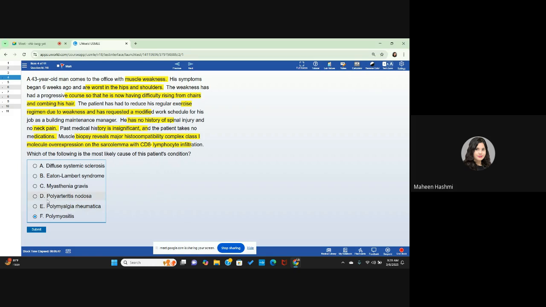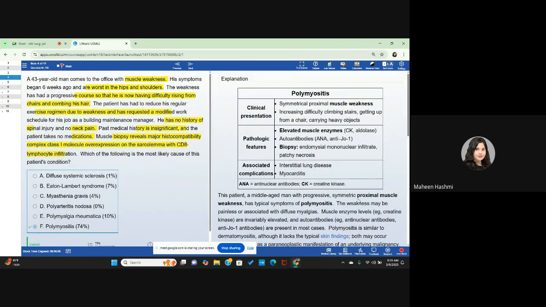What's the answer? Polymyositis. What if it had been CD4 lymphocyte infiltration? Then what? CD4 with dermatomyositis. Very good. So they gave it in the wording that they're talking about polymyositis. We know it's a symmetrical proximal muscle weakness.